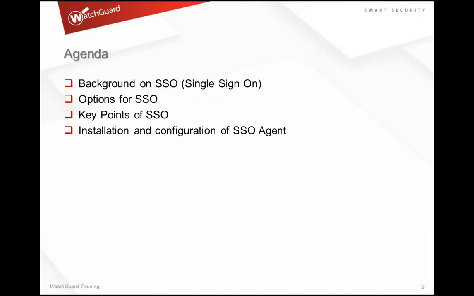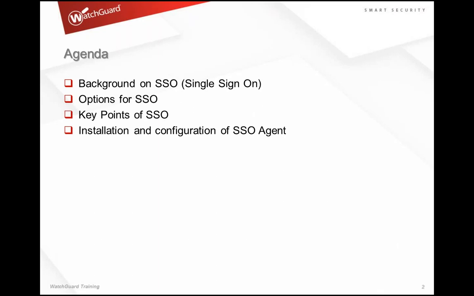So with that, let's jump in, and just like always, we have a multi-part session. We have an agenda that's going to talk about the background of single sign-on, the benefits, and how to identify those users. We're going to talk about some of the options for single sign-on, whether it's event log monitor or exchange monitor. You pick the best tool that fits your environment, and we'll cover that.